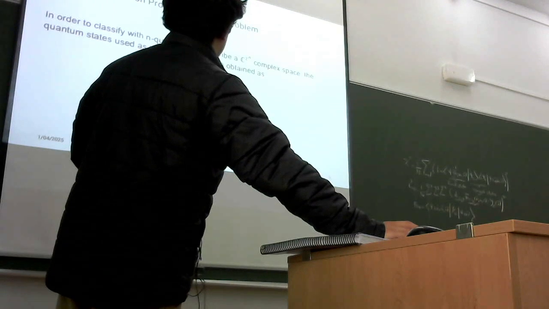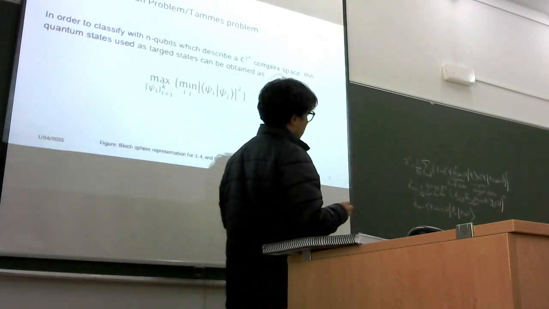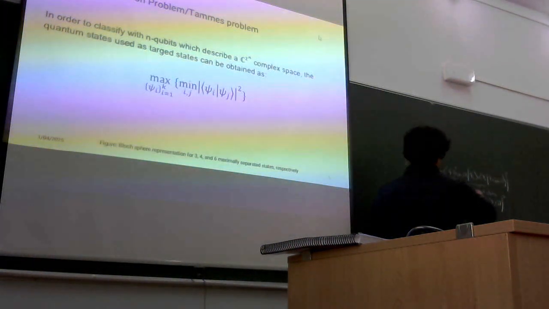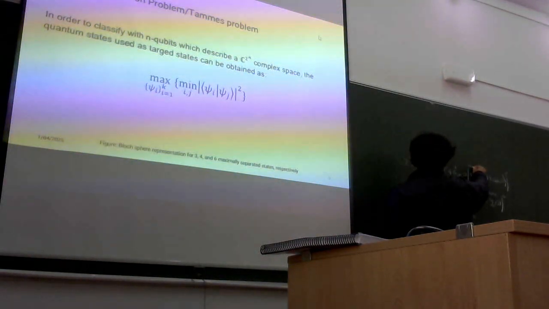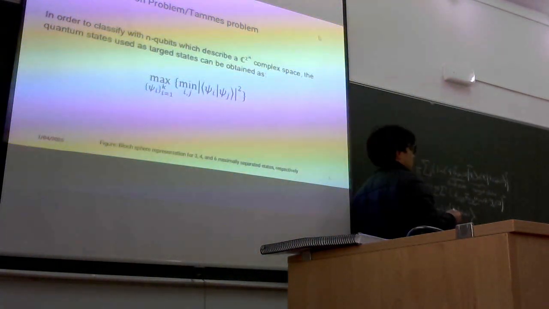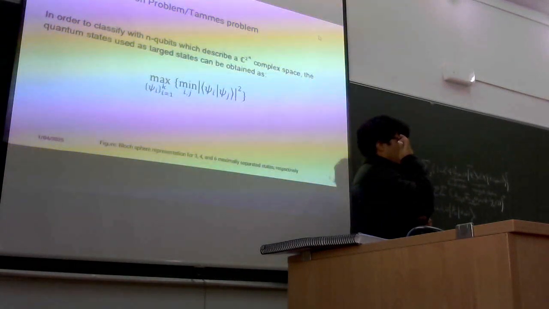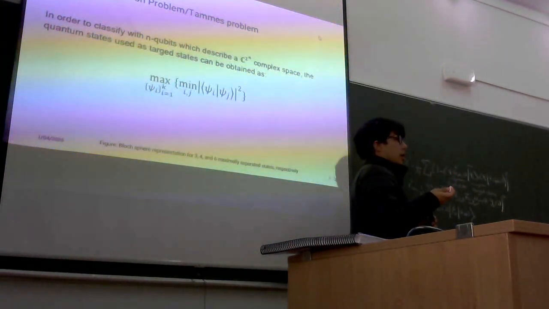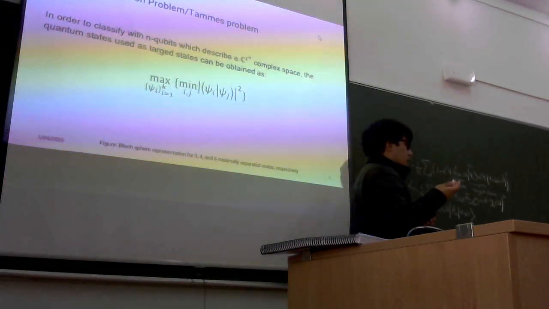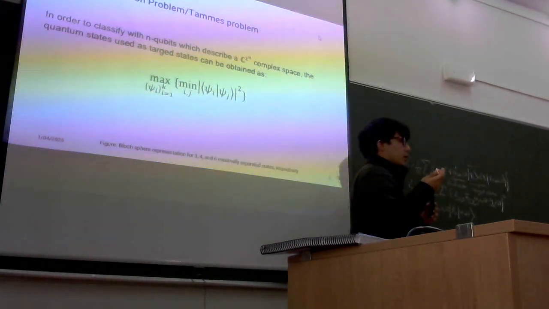And for example, these target states can be obtained, in the case of the 1-qubit classifier, by these so-called maximally entangled states.